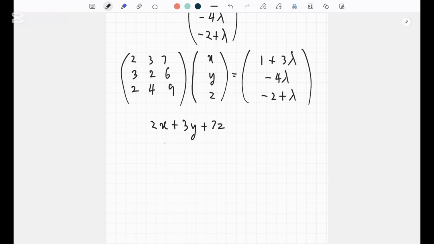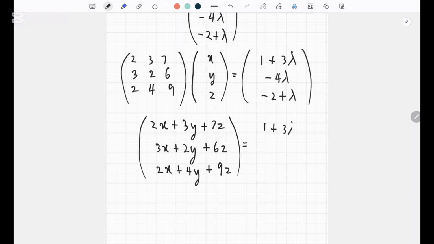Then 3x plus 2y plus 6z. Then 2x plus 4y plus 9z. This equals 1 plus 3 lambda, minus 4 lambda, minus 2 plus lambda.